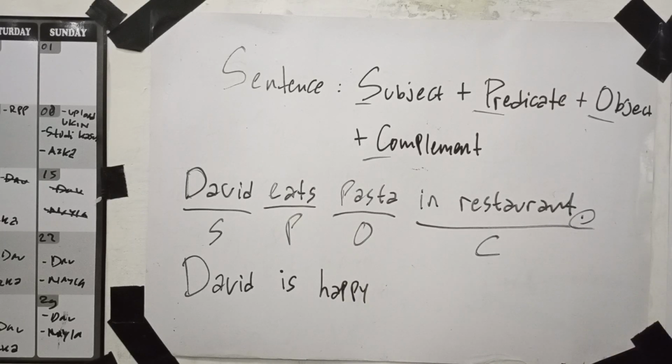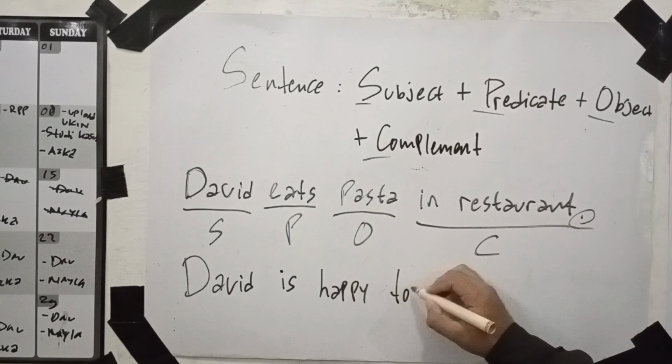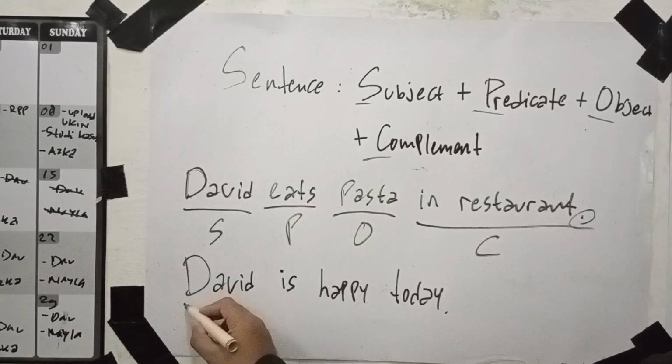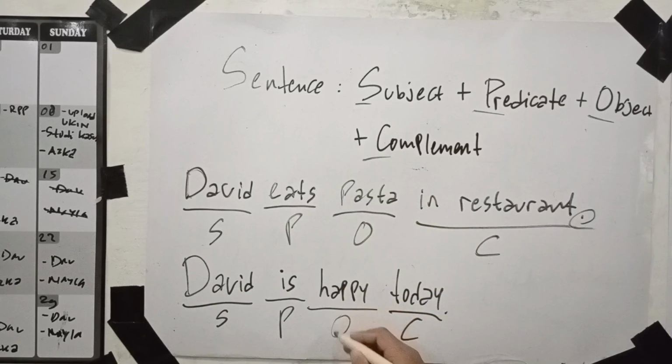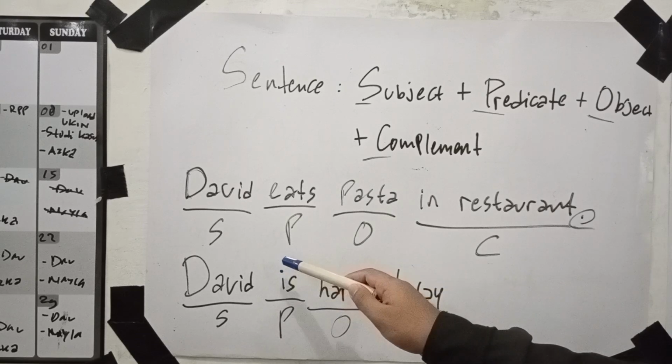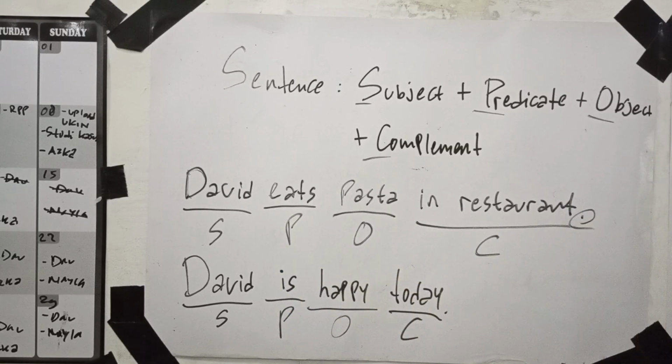David is happy, and we can end it with a complement. Today. Dot. Don't forget. The position is similar to an object, even though it is not. But you can remember the formula of these things to see the difference between using the verb and to be, so you can make your own sentence.